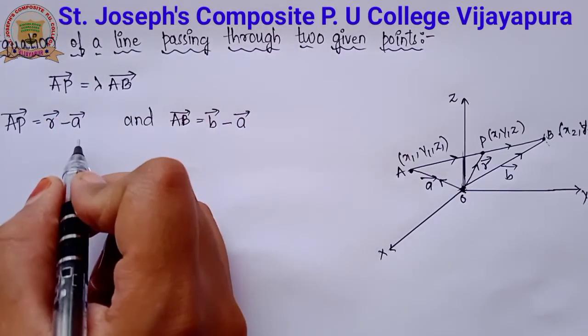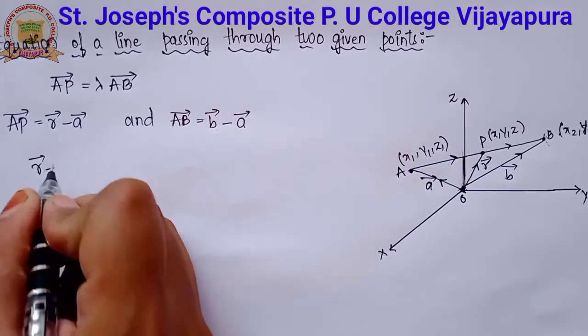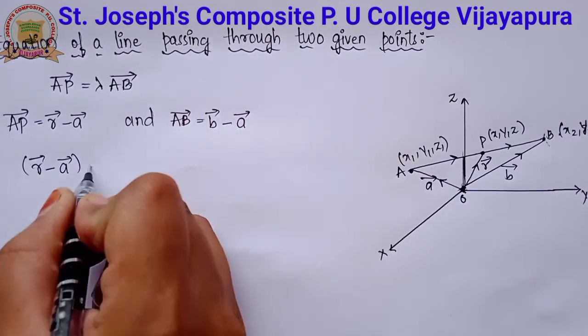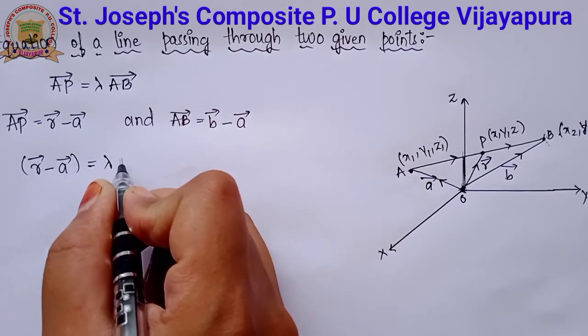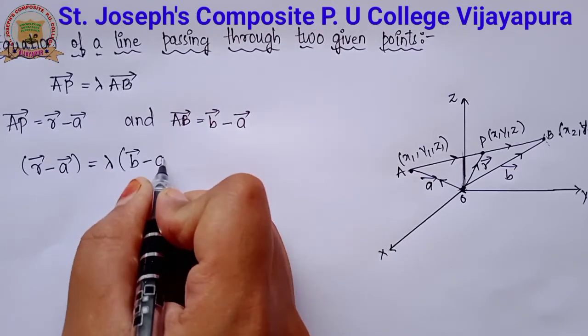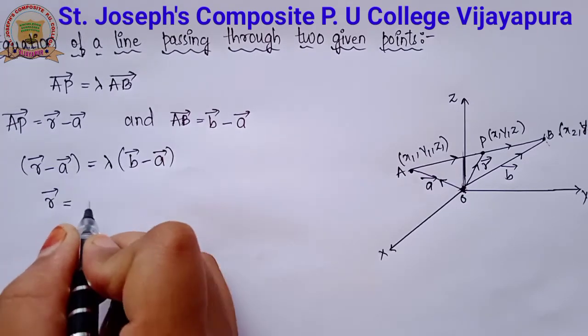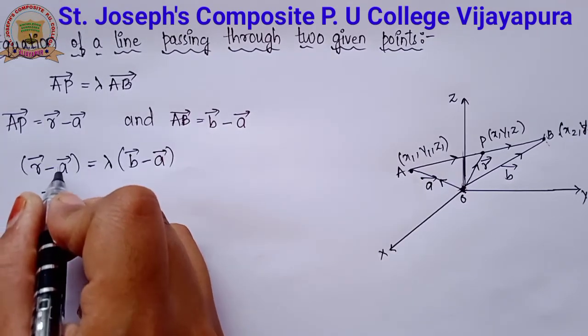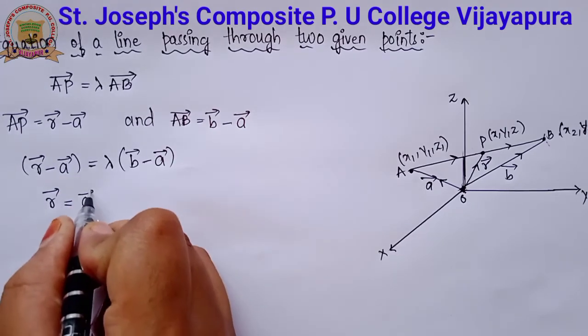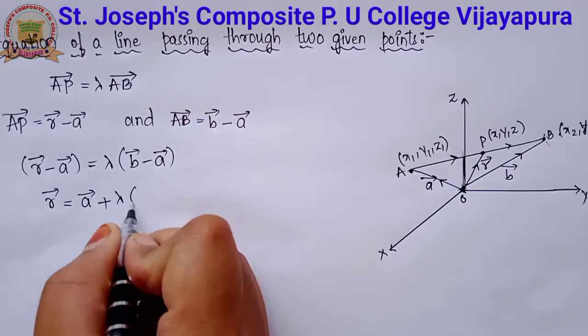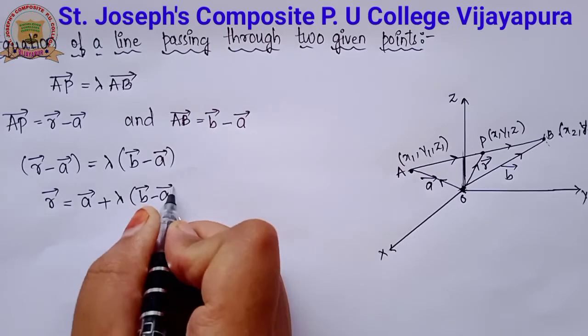So substitute in this equation, we get R vector minus A vector equals lambda into B vector minus A vector. Or else we can write R vector equals minus A vector; if it comes to this side, it becomes plus A vector. So R vector equals A vector plus lambda times B vector minus A vector.